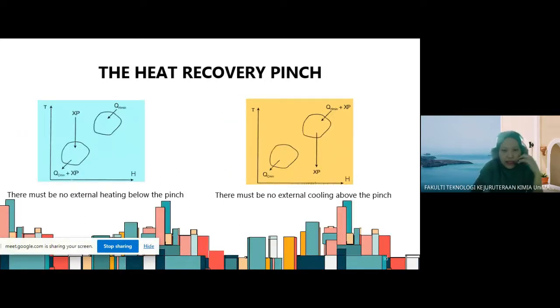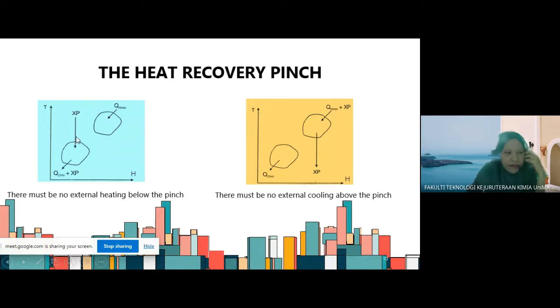For maximum energy recovery, there must be no external heating below the pinch. This is the area below the pinch, and this is an external heating requirement. In order to achieve maximum energy recovery, you must have no external heating below the pinch.